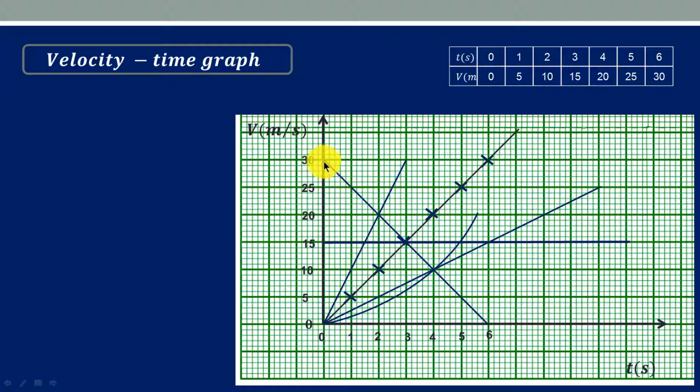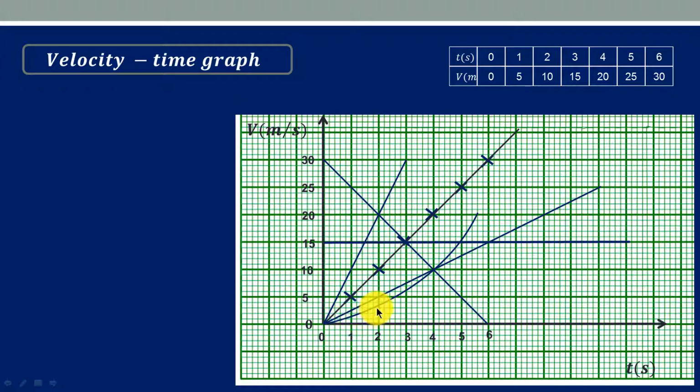In other words, this velocity is decreasing by 5 meters per second every second, while this one, the velocity is increasing by 5 meters per second every second. That increase in velocity is uniform. It has a constant value of 5 meters per second.